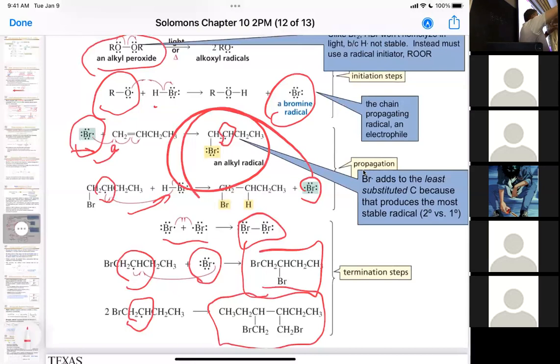So it was attacking the double bond for its electrons. Here, what do we have? Our bromine is now the electrophile. It's looking for the double bond, but it doesn't need both electrons. It only needs one. So our electrophile is still attacking the least substituted side.